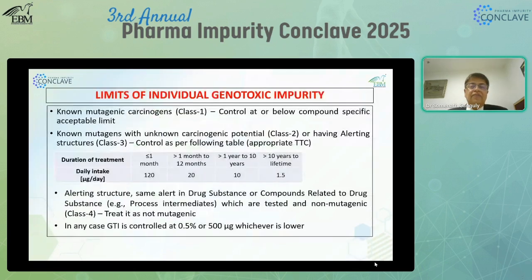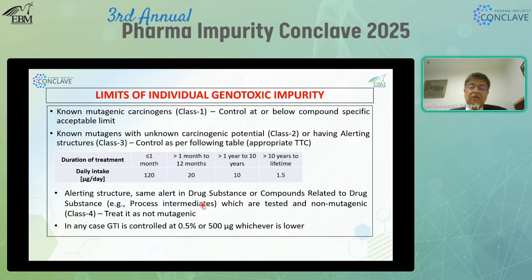Now, limits. Once again, how do we set the limit? There is very specific guidance for class 1: control at or below the compound-specific limit. The guidance here is based on the duration of the treatment. Suppose the treatment is for 1 month, or 1 to 12 months, or 1 year to 10 years, or what we call lifetime. Lifetime means 10 years or more.